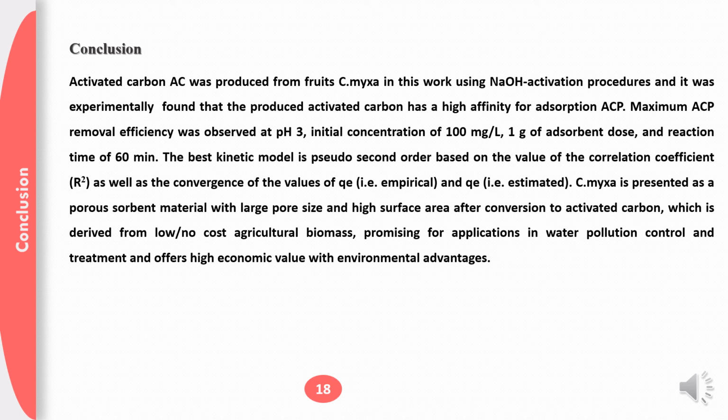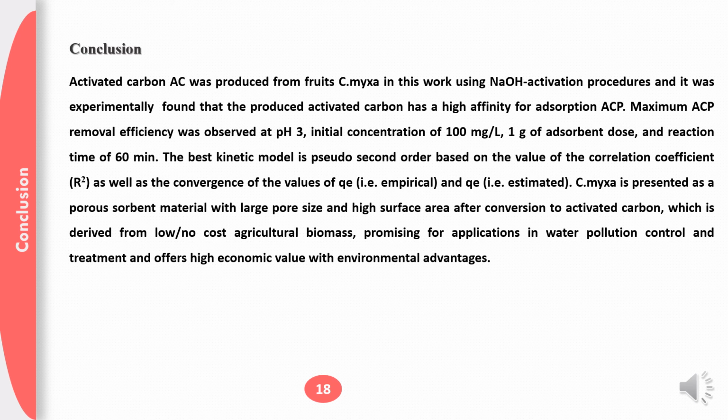Maximum acetaminophen removal efficiency was observed at pH 3, initial concentration of 100 mg per liter, 1 gram of adsorbent dose, and reaction time of 60 minutes. The best kinetic model is pseudo second order based on the value of the correlation coefficient R2 as well as the convergence of the value of Qe empirical and Qe estimated.